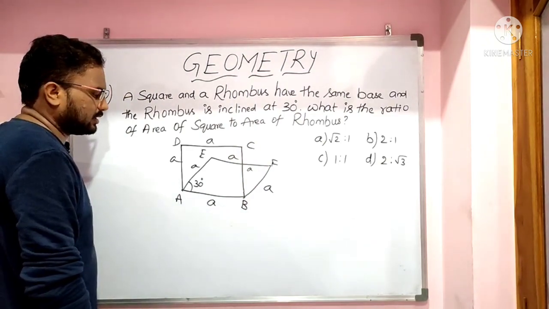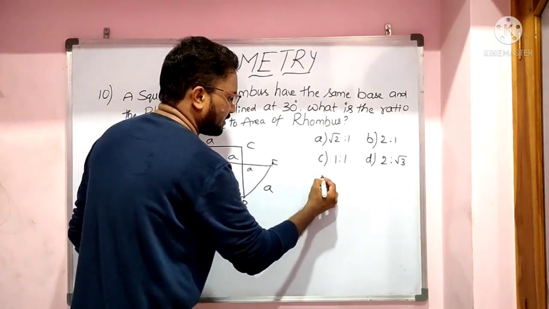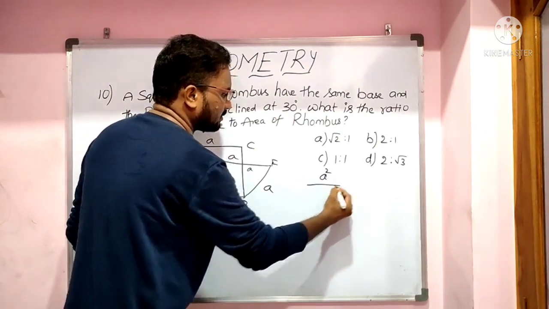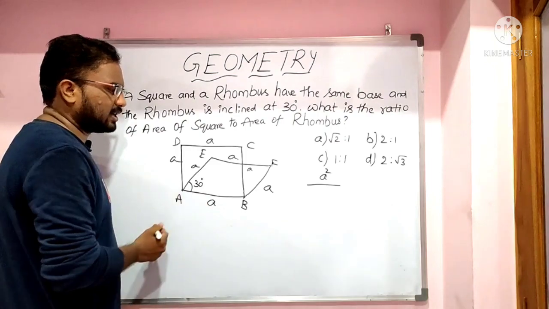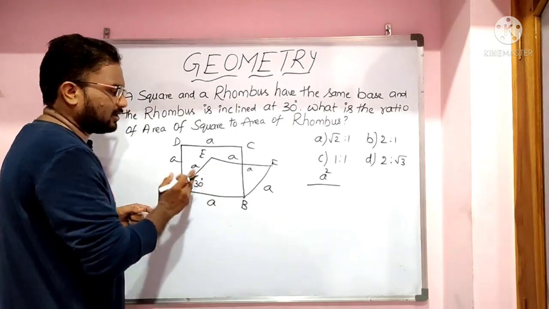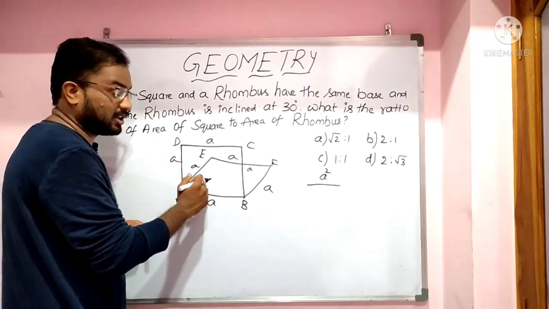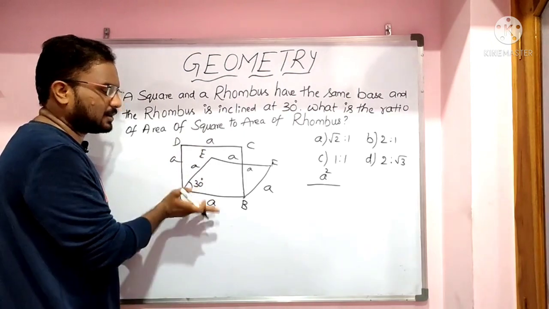So here area of square is A square. We need to find area of square by area of rhombus. Every rhombus is a parallelogram, so area of rhombus is the area of parallelogram.